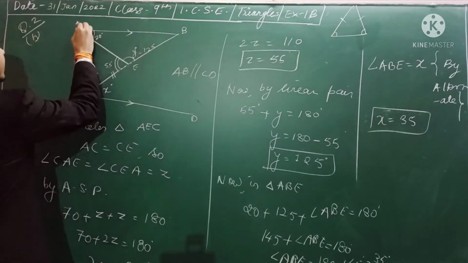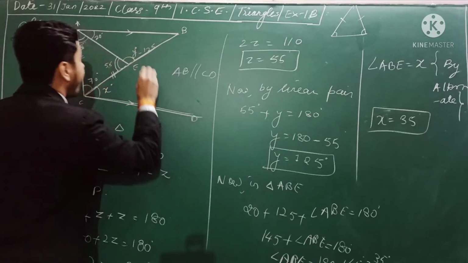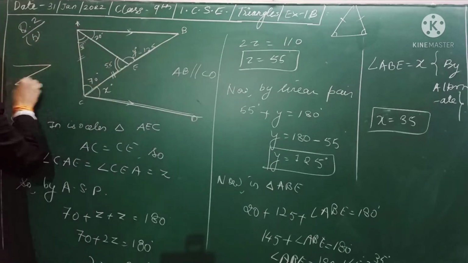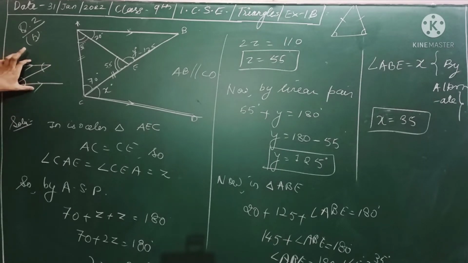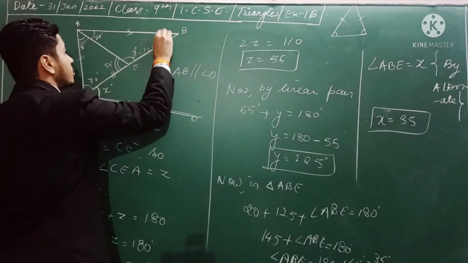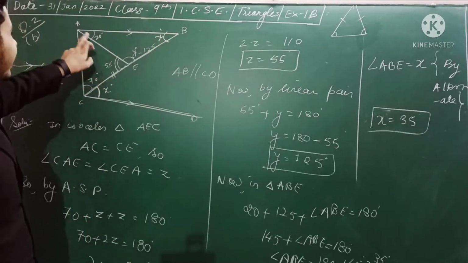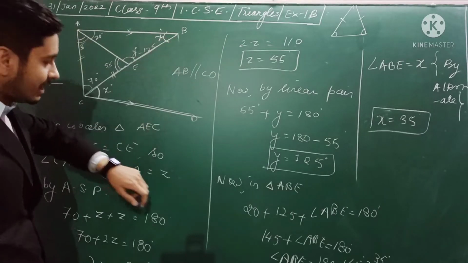Now can you see that AB and CD are parallel to each other? I told you that if two lines are parallel and you can see a Z shape, then these are alternate interior angles, and they are equal. So if this is Z, then this will also be Z. We only need to find this Z by taking this triangle and using the angle sum property.